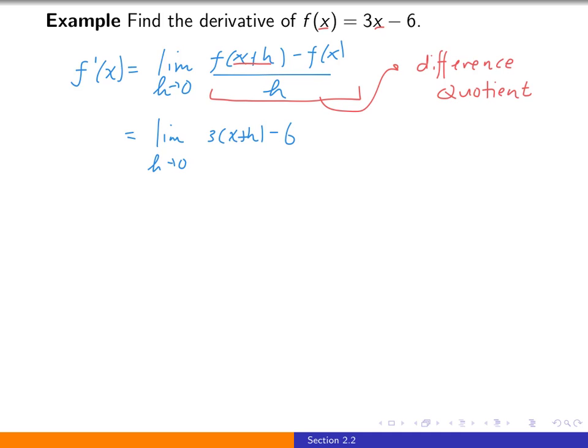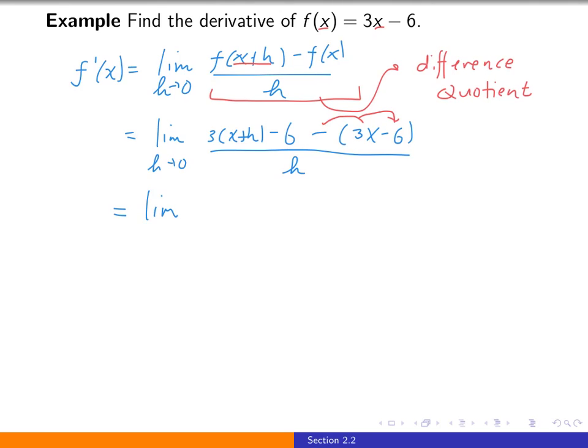Then we need to subtract away from this the function f of x. And this is all divided by h. Now, a spot where we need to be very careful in terms of the algebra involved is that when you're subtracting away the function, the minus sign out front needs to be distributed through so that it hits each term.